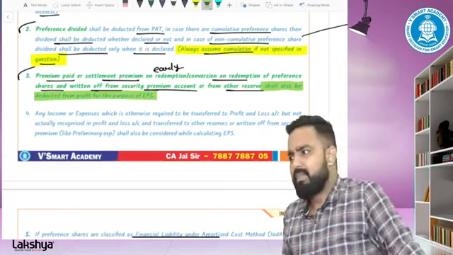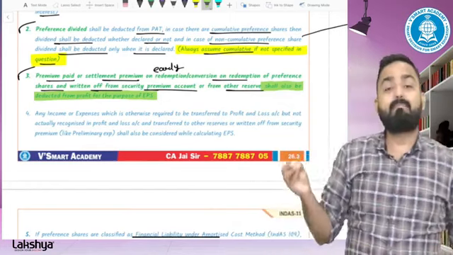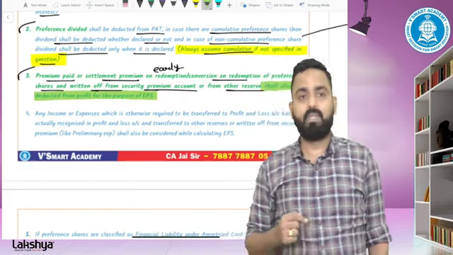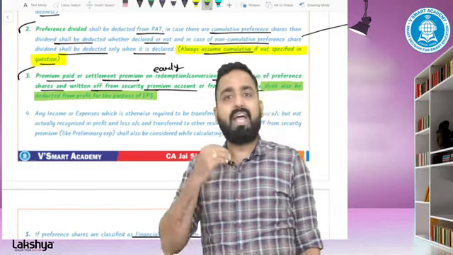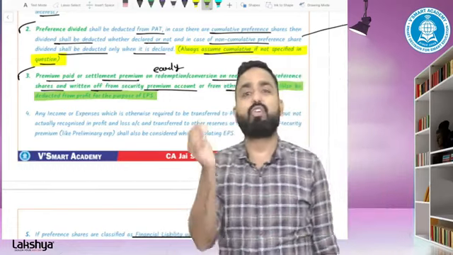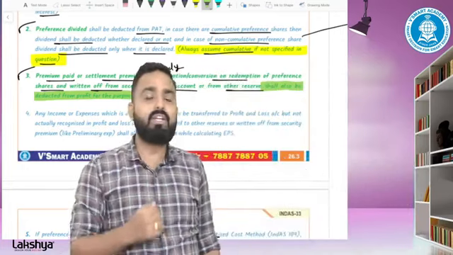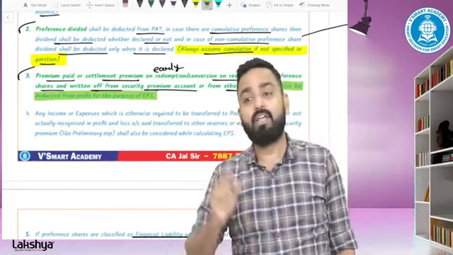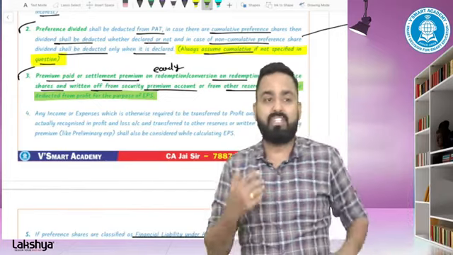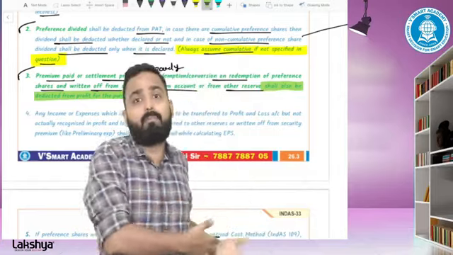When a company redeems preference shares at a premium, what is the premium? It is the extra amount we are paying to our shareholders on redemption. Suppose a preference share has a face value of 100 rupees and we announce redemption at 110. So that 10 rupees per share is the premium amount, which is actually our expense. Now some companies may charge premium in their profit and loss account.